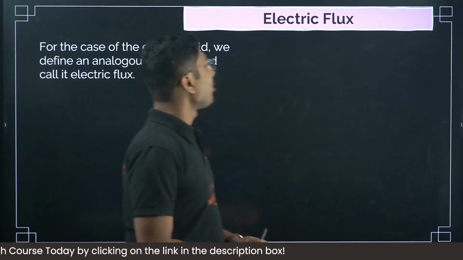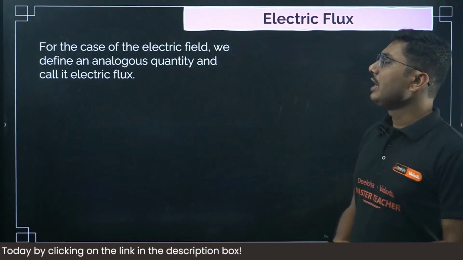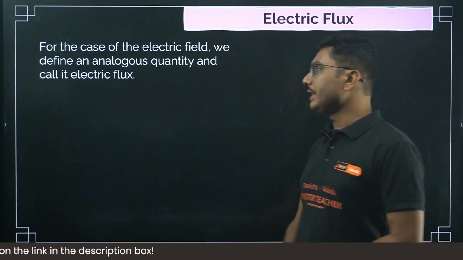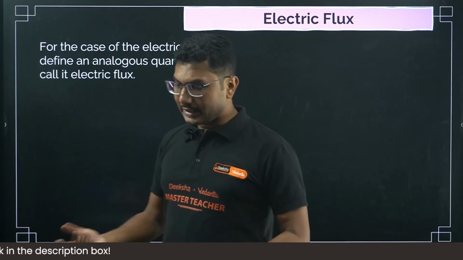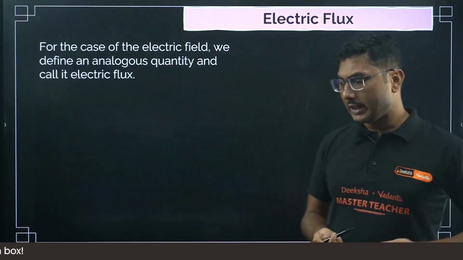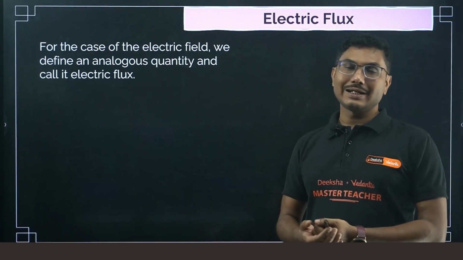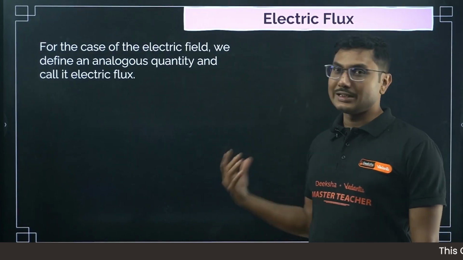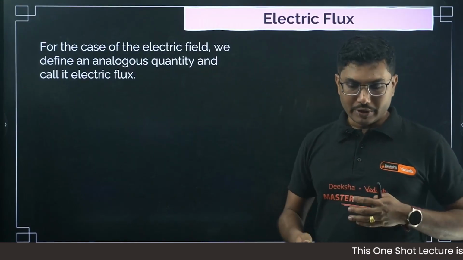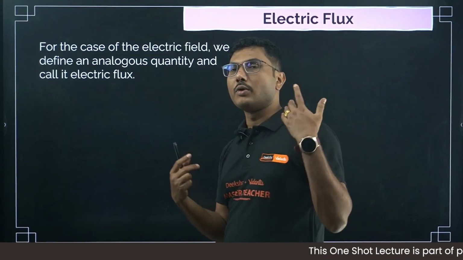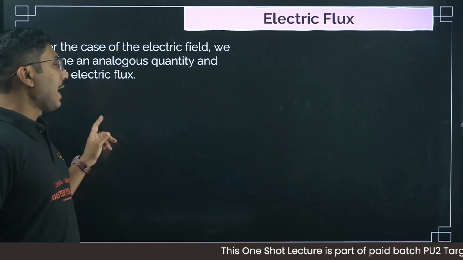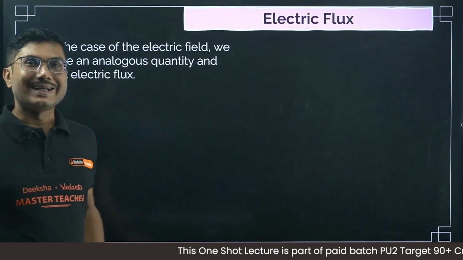For the case of the electric field, we define an analogous quantity called electric flux. Even though the electric field is not flowing like water, still we can consider something analogous, which is similar to that of liquid flowing through a pipe, and that quantity is called electric flux.